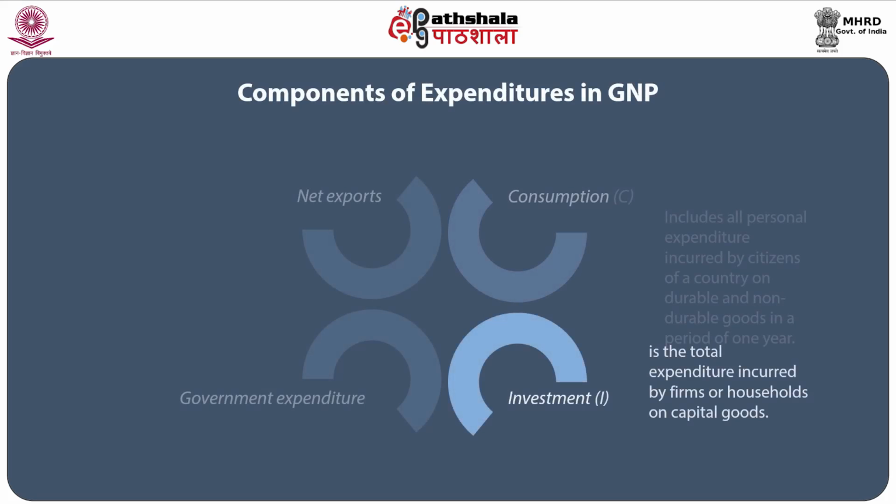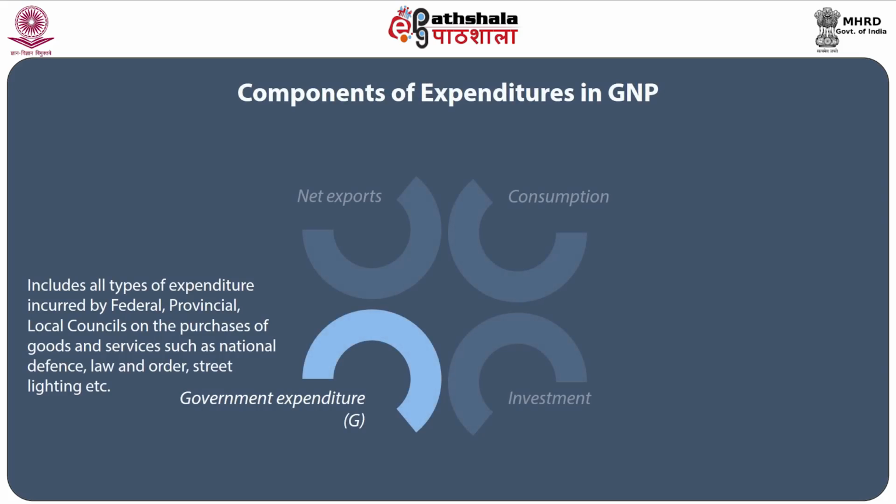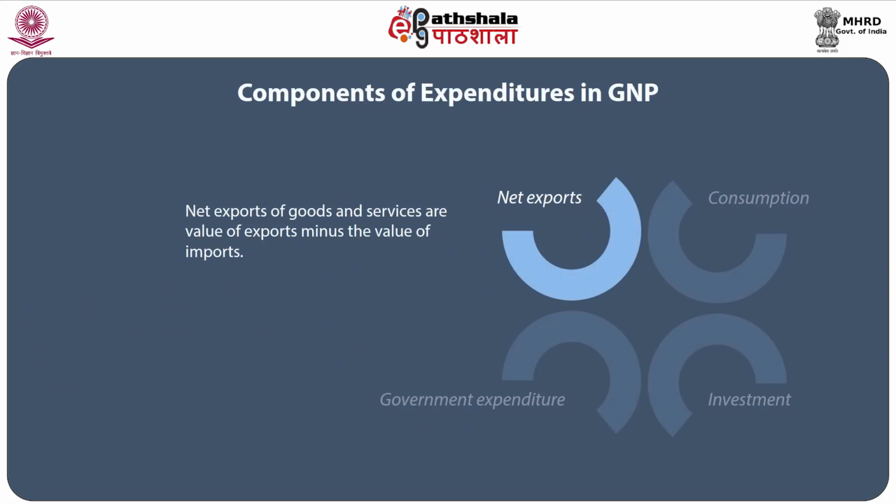Investment, I, is the total expenditure incurred by firms or households on capital goods. Government expenditure, G, includes all types of expenditure incurred by federal, provincial and local councils on the purchases of goods and services such as national defense, law and order, street lighting, etc. Net exports is the difference between X and M: the value of exports minus the value of imports.